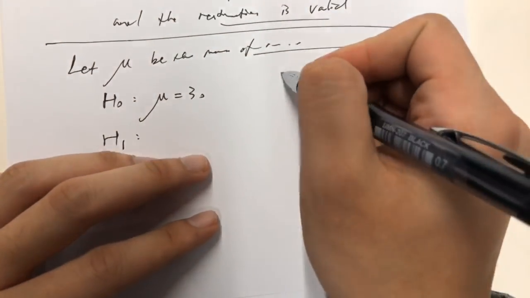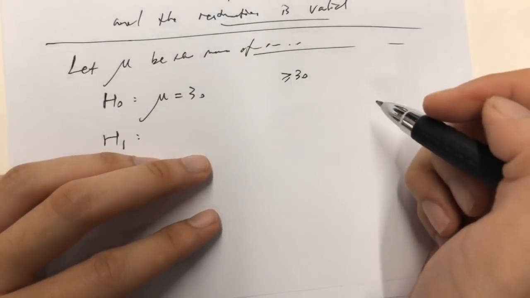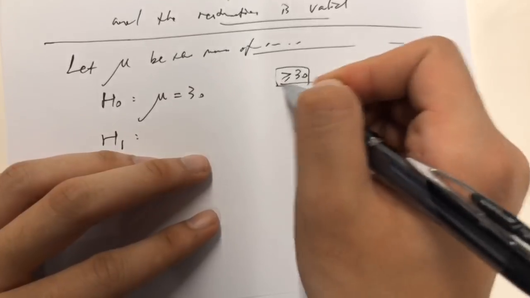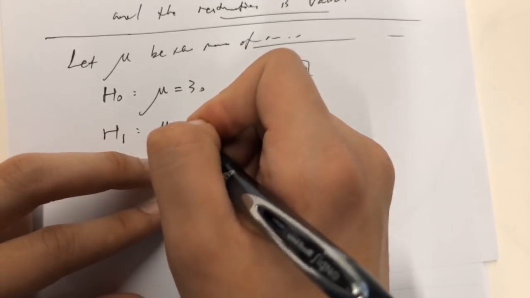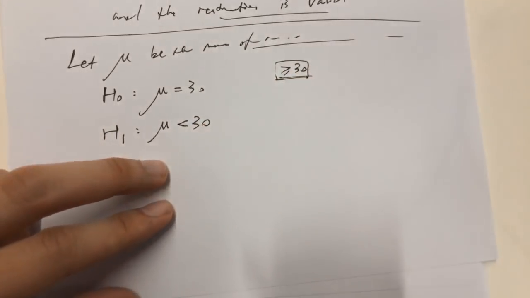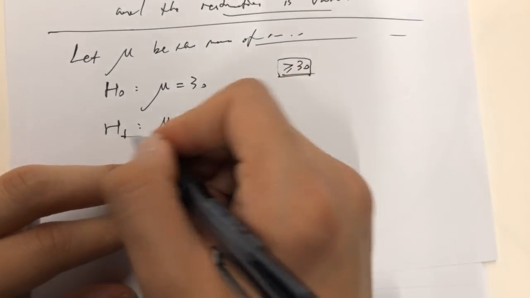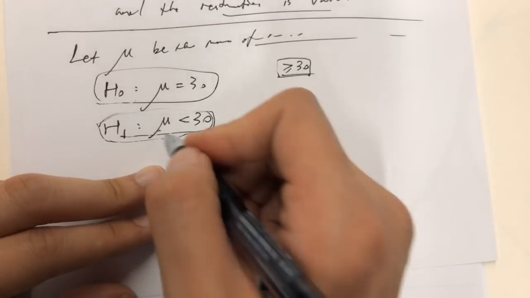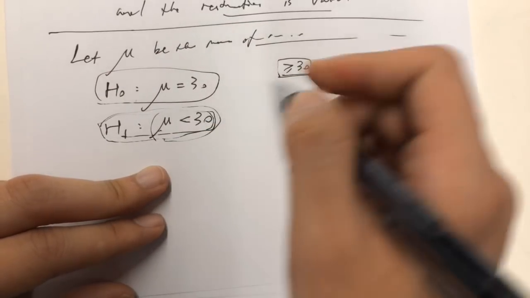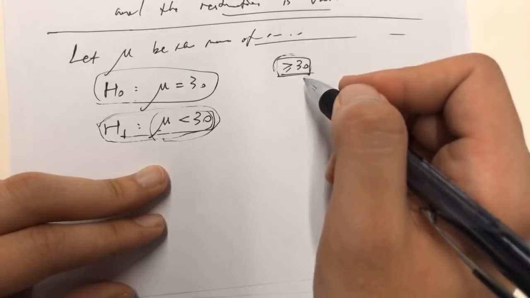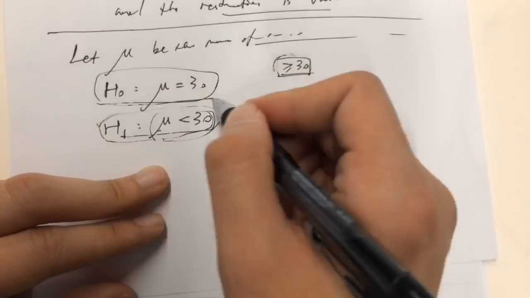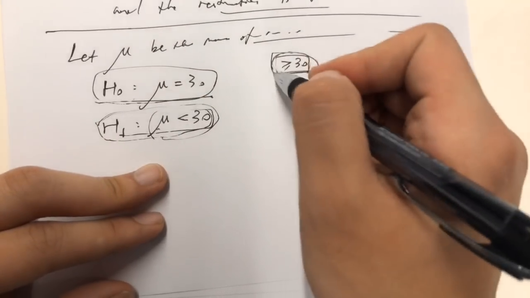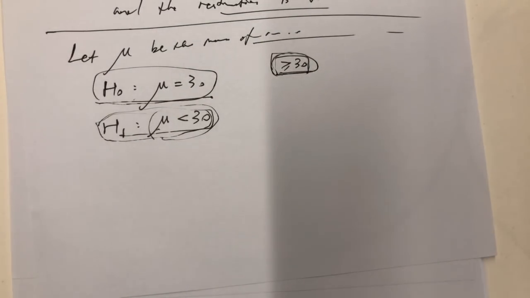At least 30 means greater or equal to 30, so if we want to test greater or equal 30, then the alternative hypothesis should be less than 30. If we reject H0, this means mu is less than 30, so it's not at least 30. If we do not reject the null hypothesis, then it's at least 30. I know this is a little bit tricky, but hopefully you understand.